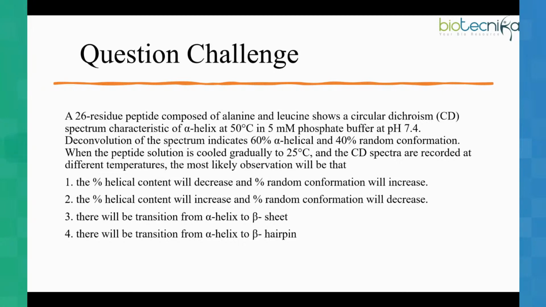They have given the CD spectra only, and you have to find out with the observations they have given. When the peptide is gradually cooled down, the CD spectra is recorded. What will be the most likely observation? Because of these treatments, what will be the effect on the secondary structure? Basically, that's what you have to conclude.